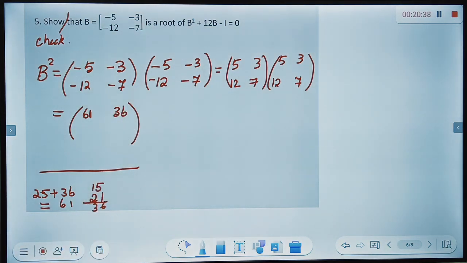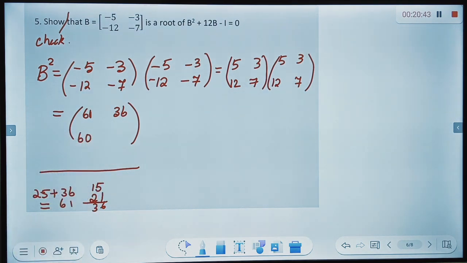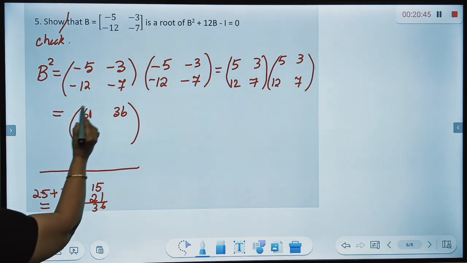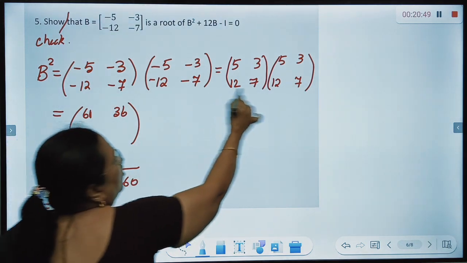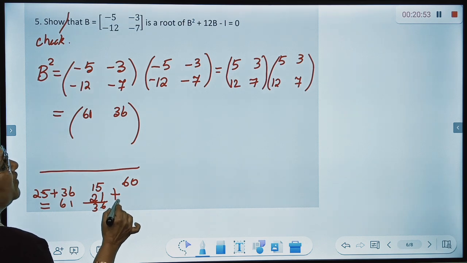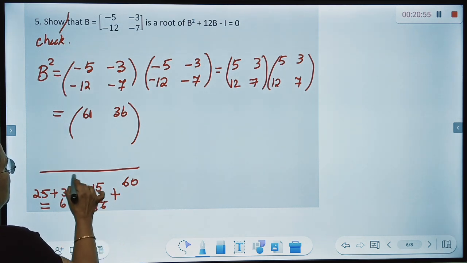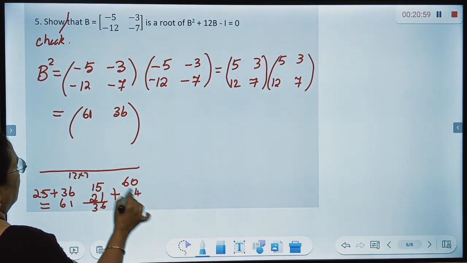What is second row into first column? 12 into 5, 60, plus 7 into 12. What is 12 into 7? 84.